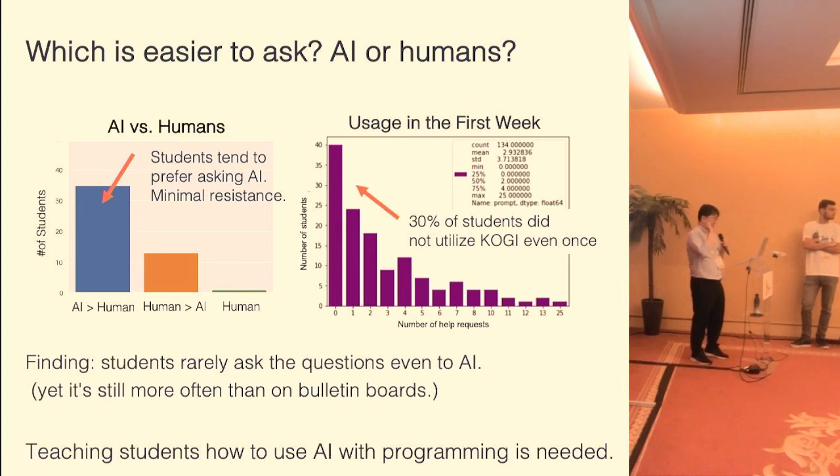It's a little bit shocking, because AI is very useful for students, but not every student uses AI systems. Students rarely ask AI, even less often than they use the bulletin board. Also, I think I need to teach students how to use AI with programming.